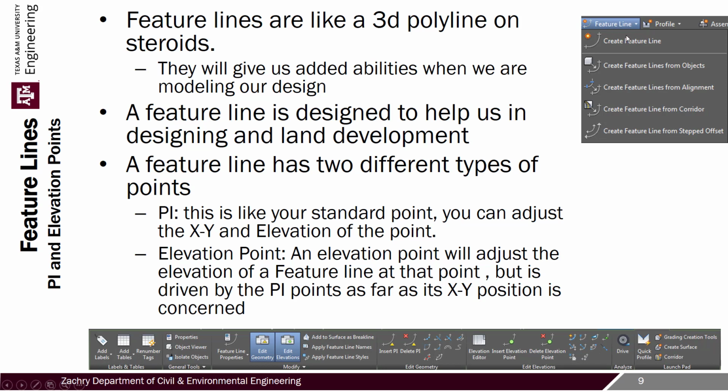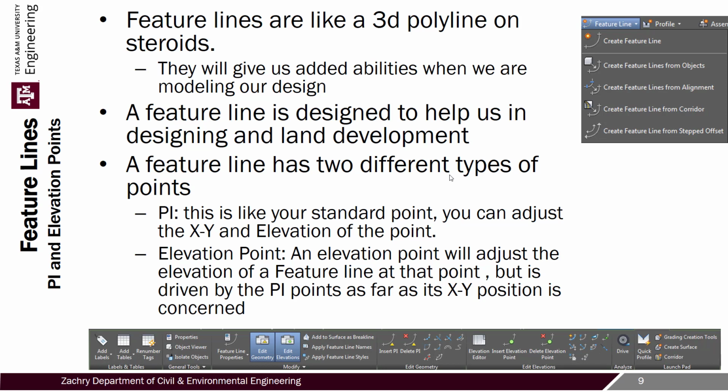We're going to go feature line, create feature line from object, and we'll create a feature line. Now, one of the things I want to point out is it also has a kind of cool thing you can do. Let's say you have a line from point 1 to point 2, and you want the elevation to change along that line.